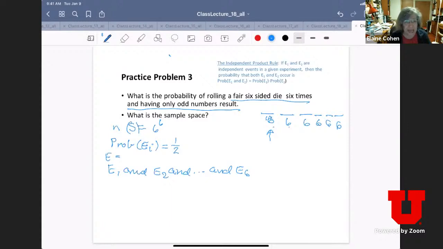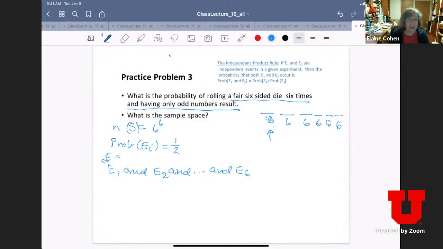Notice in this case, E is kind of like a composite event. There is no answer if I just look at E1 because that's only one roll, and there is no answer if I look at E2, that's only one roll. So I have to look at all 6 rolls. So E is having E1 and E2 and so on.